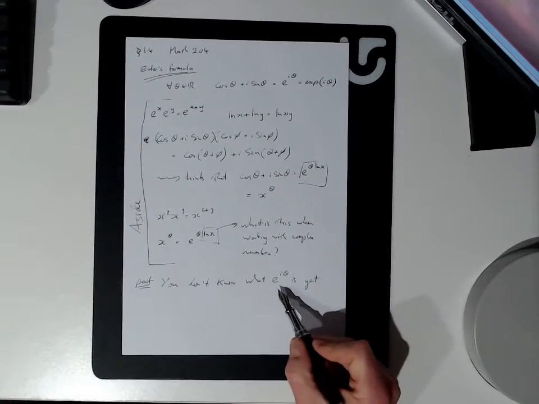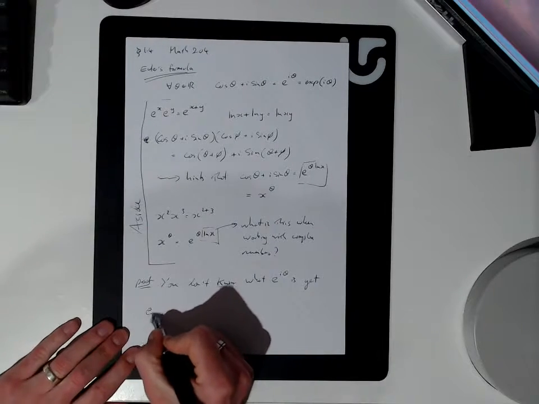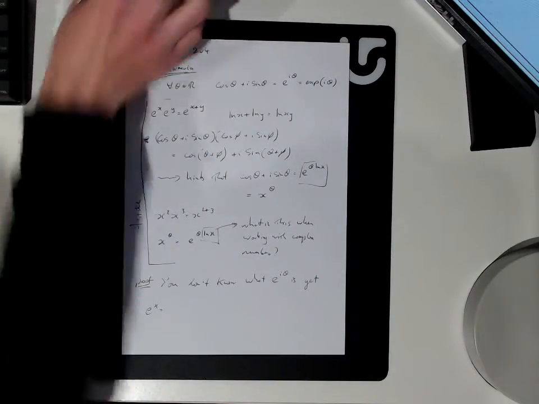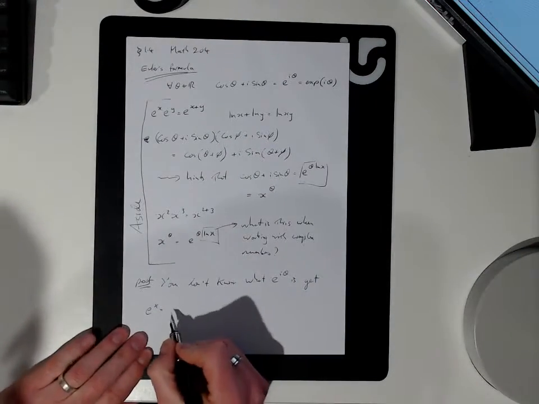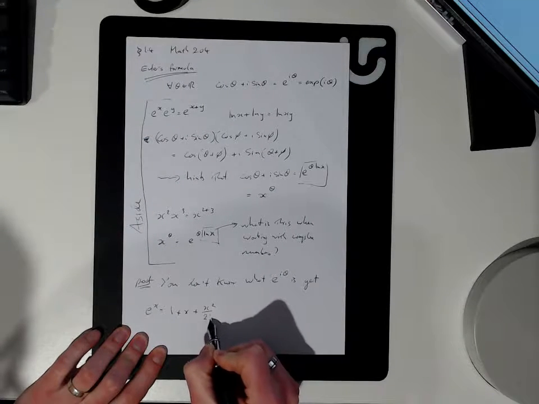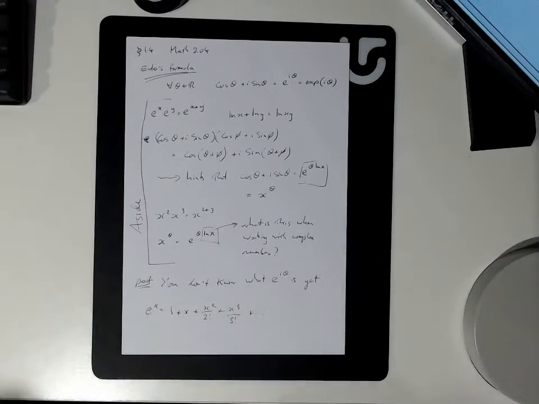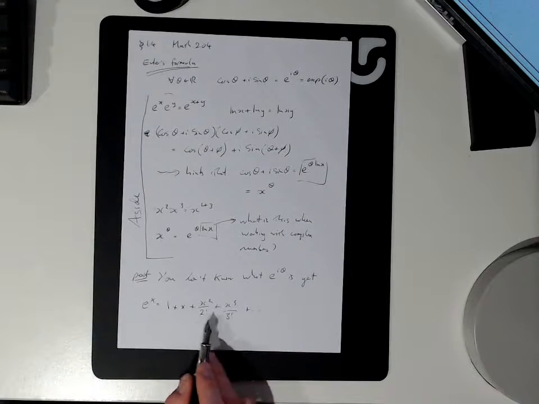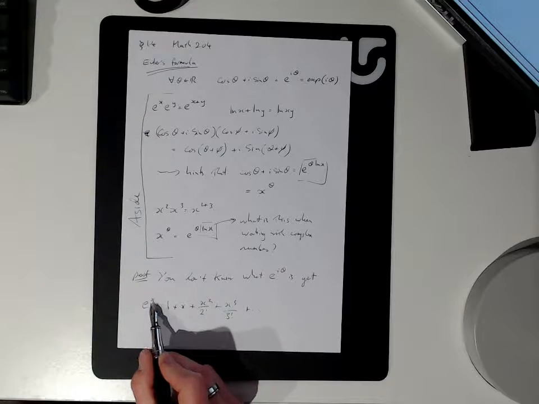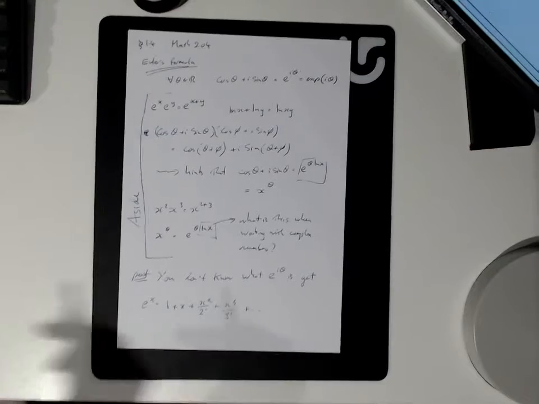We know what the exponential of a real number is. It is some sum, right, I've just looked it up: 1 plus x plus x squared over 2 factorial plus x cubed over 3 factorial, and so on. Now you can interpret these as complex numbers, right? You could plug in a complex number here, and we know how to do addition. We know how to do multiplication, so you could work out what the sum is.